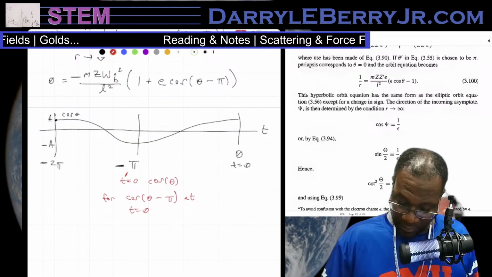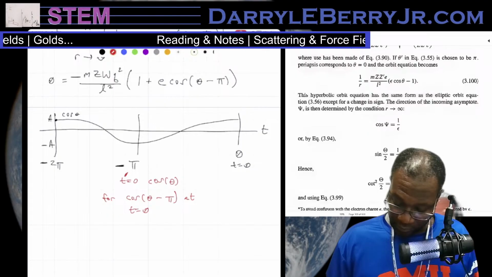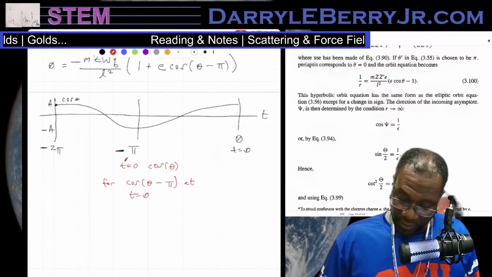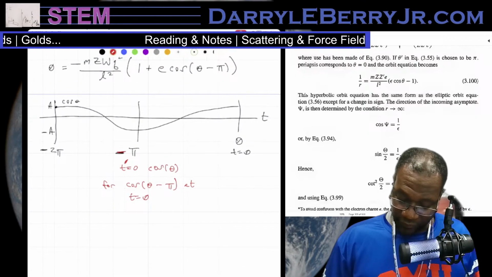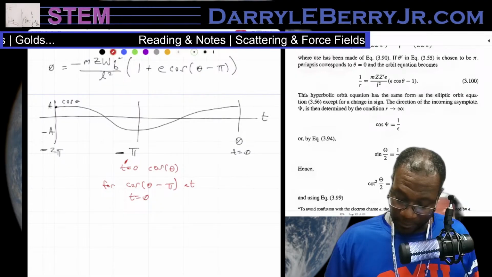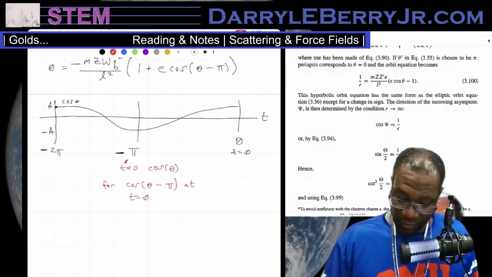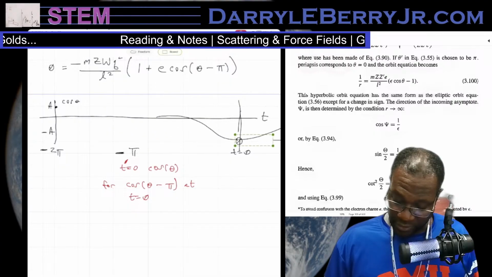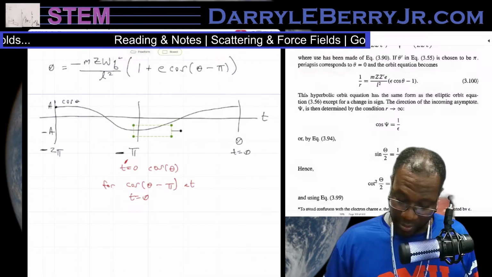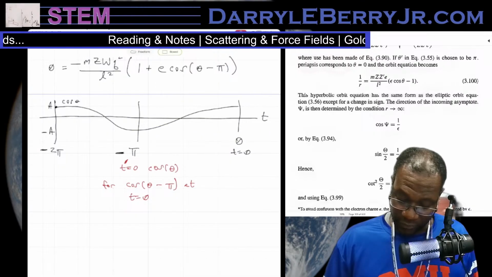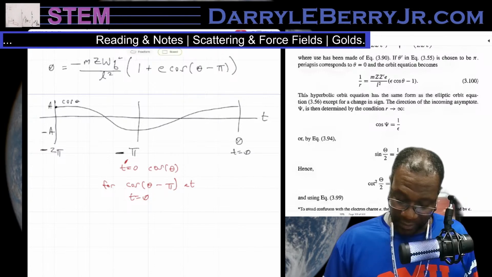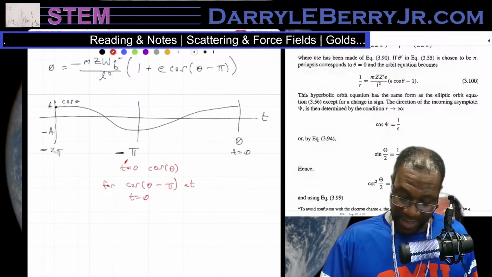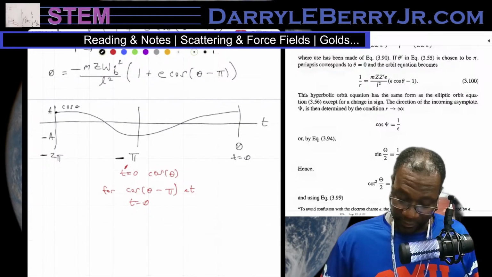So this is t prime equals 0. And we see that is negative because the graph shifted to the right. So that lower part is now going to be at 0, because the negative shifts it to the right. And so now we have a negative value for cosine.